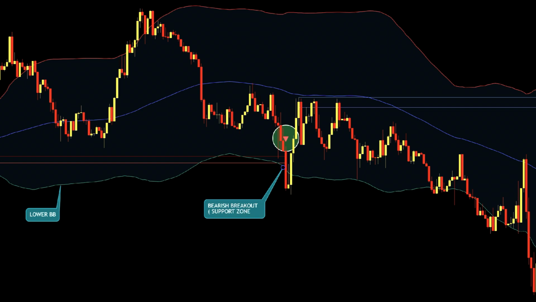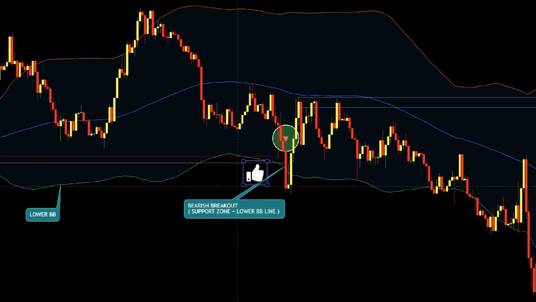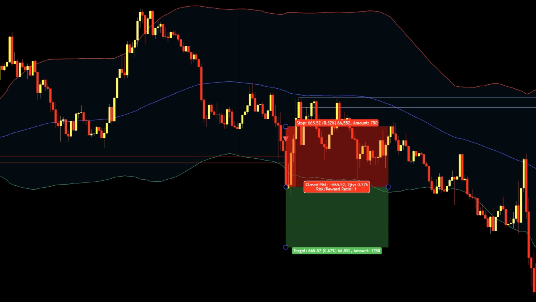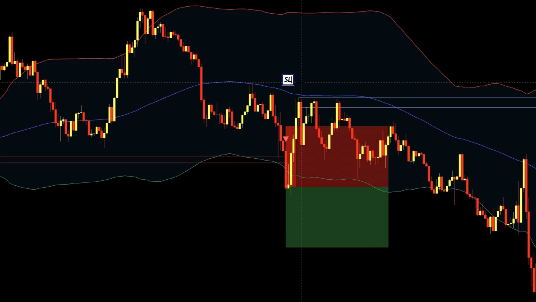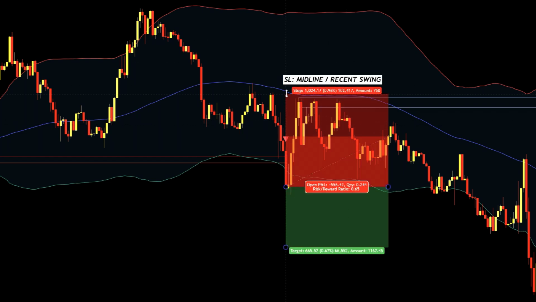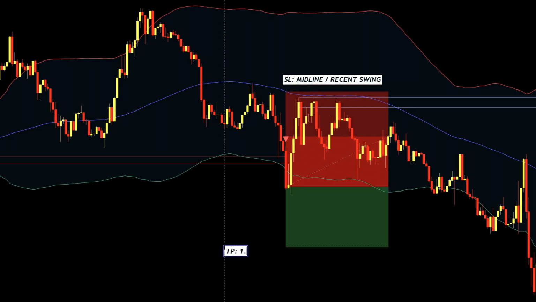So we can open a short position here. For our stop loss, you could set it to the midline of the Bollinger Bands or even the most recent swing high. And for your target, we're looking for 1.5 R, which means 1.5 times your risk.